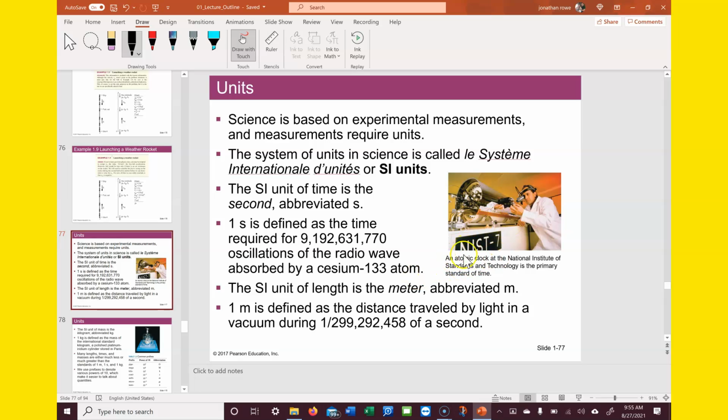And here's a picture of an atomic clock at the National Institute of Standards and Technology, and that is the primary standard of time. The SI unit of length is the meter, abbreviated m. How is that defined? It is the distance traveled by light in a vacuum during 1/299,792,458 of a second.